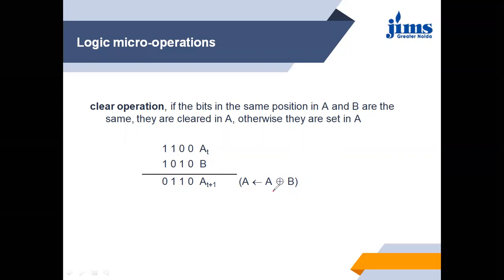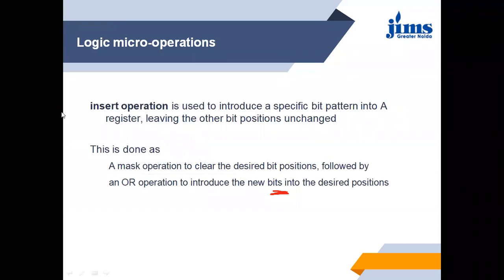So we can use the clear micro operation when we have to put the values of the output register in such a way that when the input bits are the same, the output will be 0. Otherwise, when the bits are different, the output will be 1.